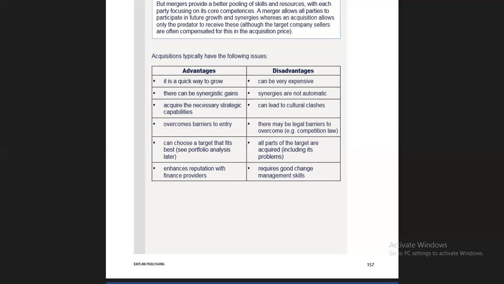Synergies are not automatic. Sometimes their synergies and your synergies will not match, and you expect more, you think it will double your things, but ultimately it will not reach the level which you expect. Can lead to cultural clashes.